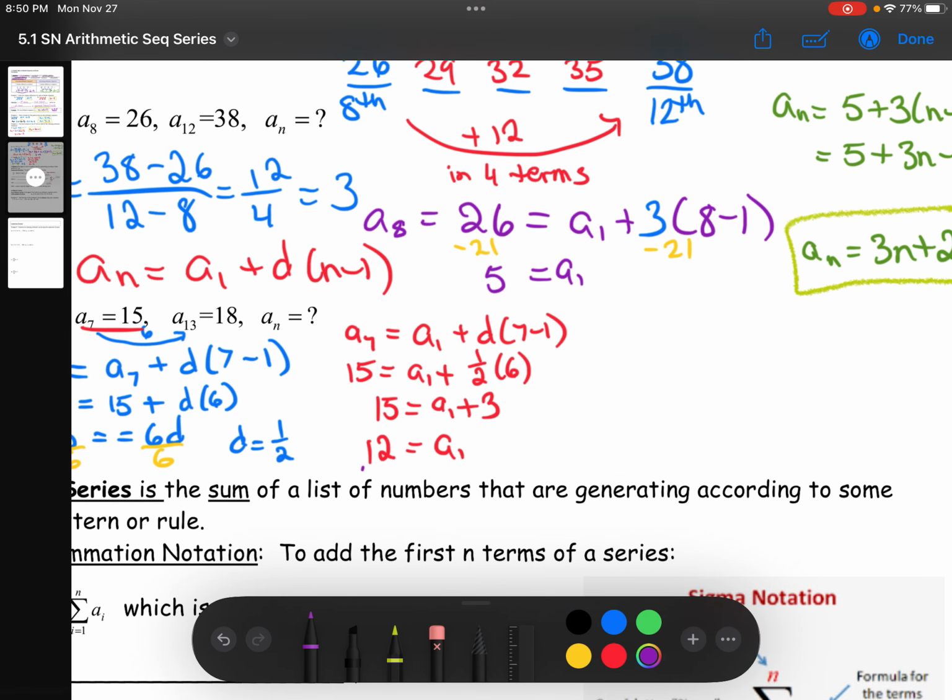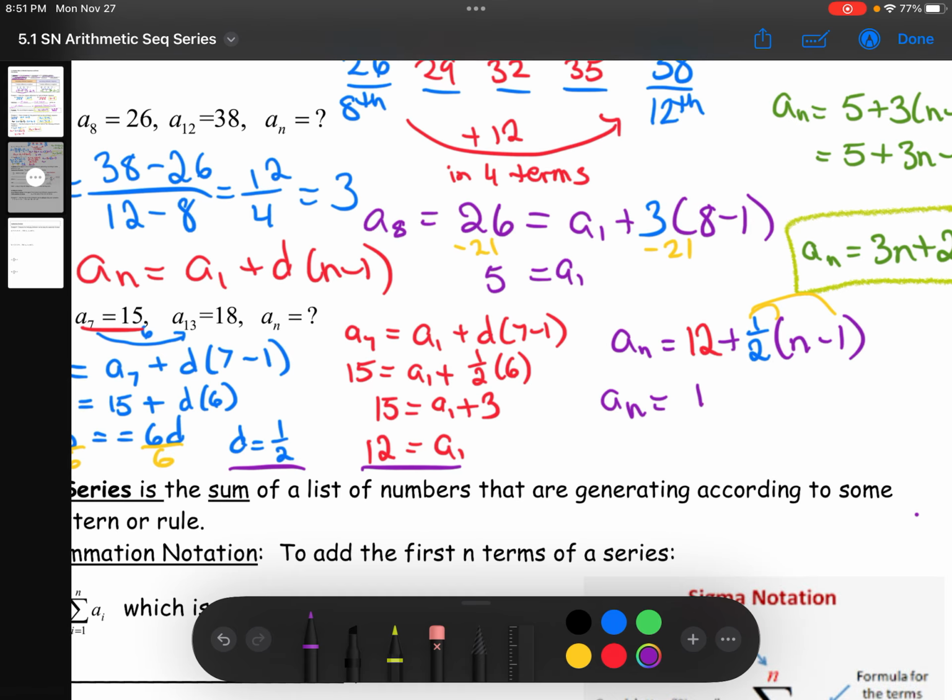Now we have the difference and we have a sub 1. We can write the formula for a sub n. A sub n would be a1, the 12, plus d, the common difference, which we found to be 1/2, times n minus 1. We're writing the general rule, so we leave n as n. Distribute.